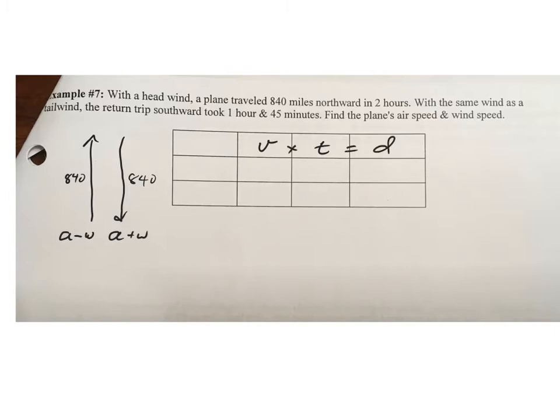And again, we have the trip, and then we have the return. And that's going to be pretty much the case for all these problems. So the velocity for the trip up is going to be A plus W. And the velocity for the trip back is going to be A minus W.